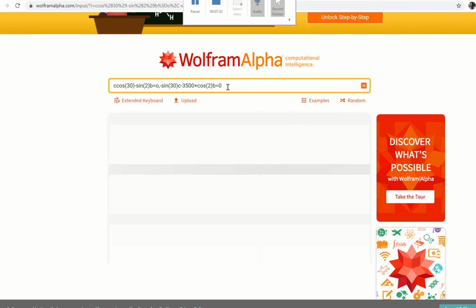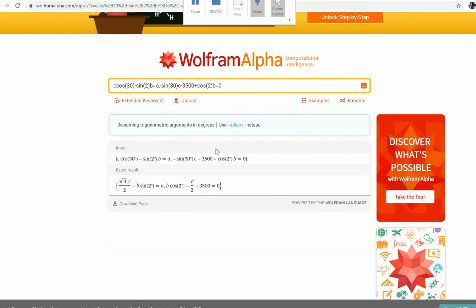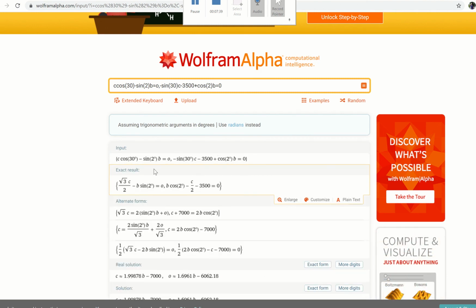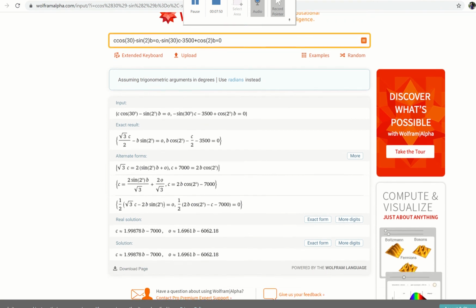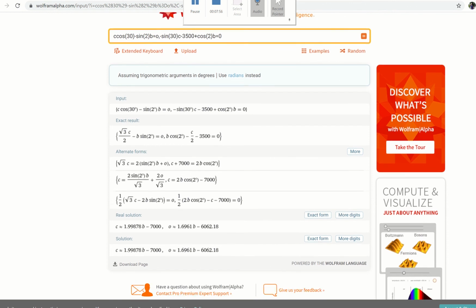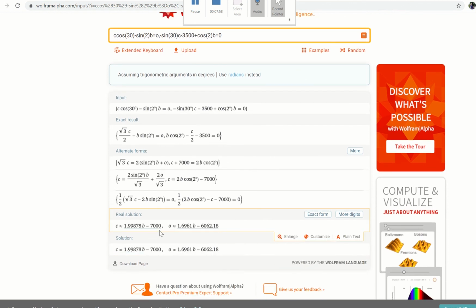Then enter. Let's look at the form first. They have cosine 30 times C equal to 0, which is what we intended. So far everything looks good to me on this equation. But the second equation doesn't look like what I wanted, because C has B in it, and that's not exactly what I wanted.